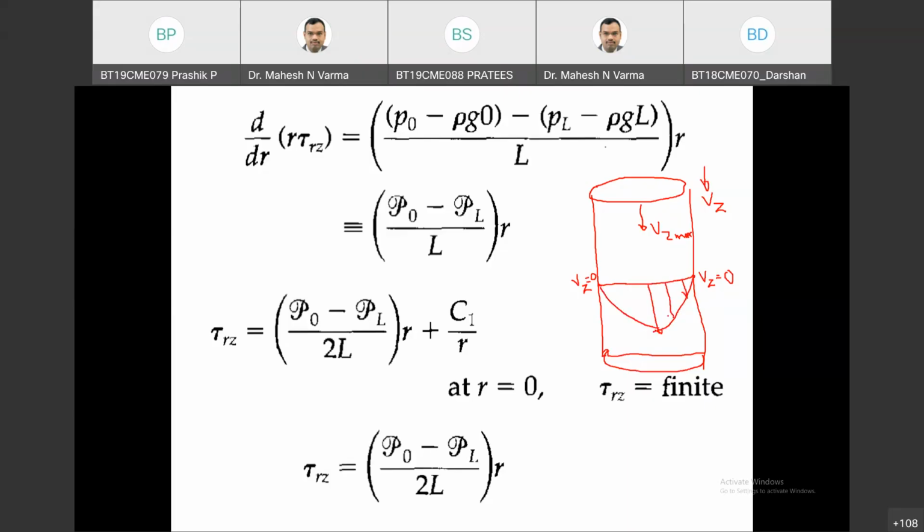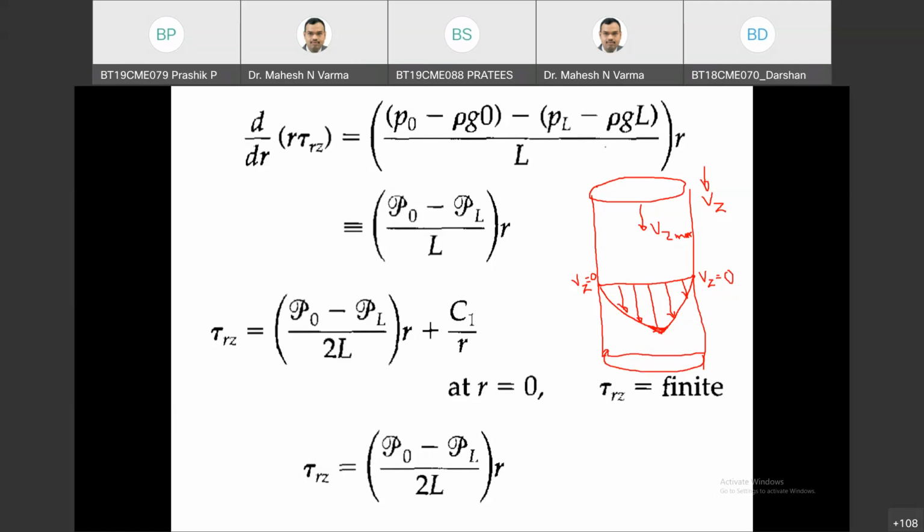Everybody got this? Without solving anything, just take out all the information from your problem. This velocity profile you can draw very easily. Now you can see here at r equals to 0, the gradient of velocity equals to 0, isn't it? Because velocity is 0 at the wall, and velocity is maximum here. So I can apply the condition of maxima and minima.